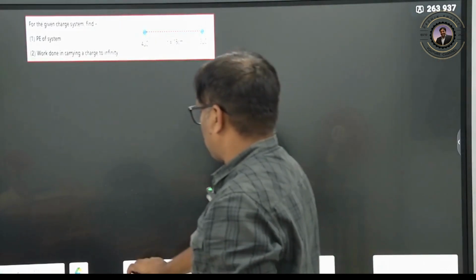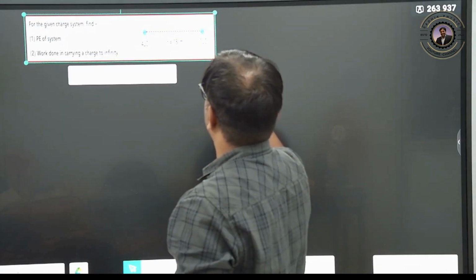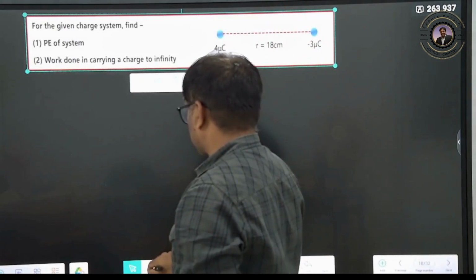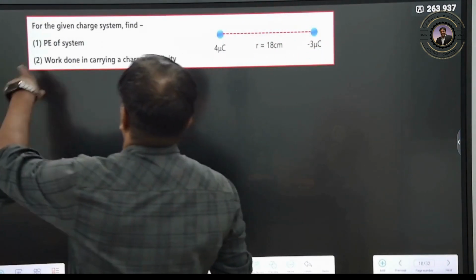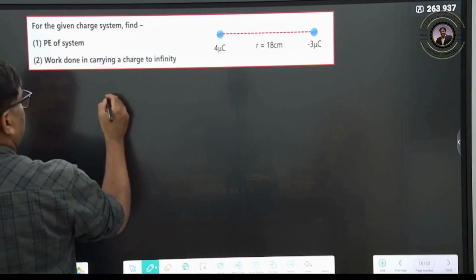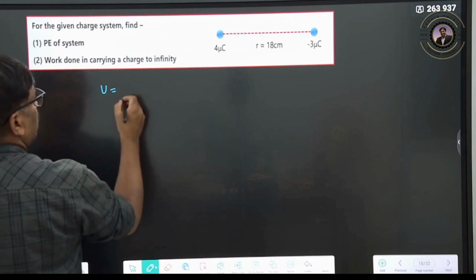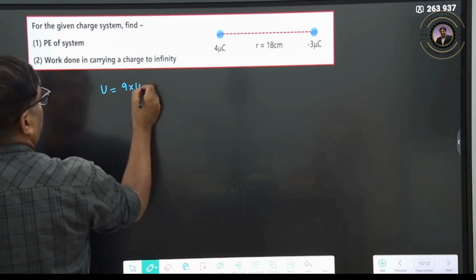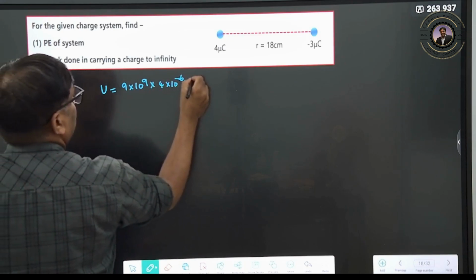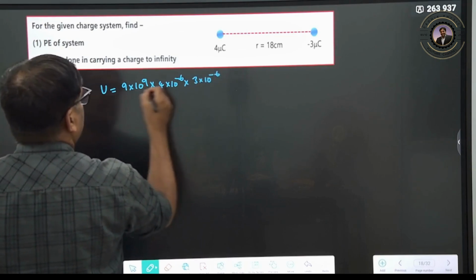Now let us see one more question. Given this charge system, find the potential energy of this system. What is the potential energy? Same formula again: k q1 q2, 9 into 10 to the power of 9, into 4 into 10 to the power of minus 6, into 3 into 10 to the power of minus 6. This is minus.